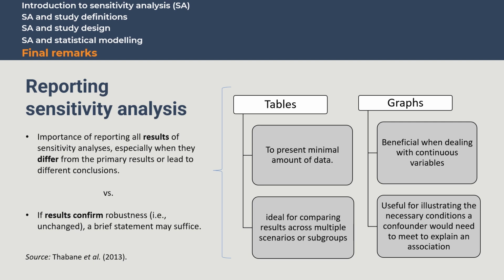When it comes to presenting this analysis, the method of reporting can vary based on the complexity and number of scenarios tested. For simpler or fewer scenarios, summarizing the results in the text of the paper often is enough. However, for more complex or numerous scenarios, tabular or graphical presentations can provide clearer insights.